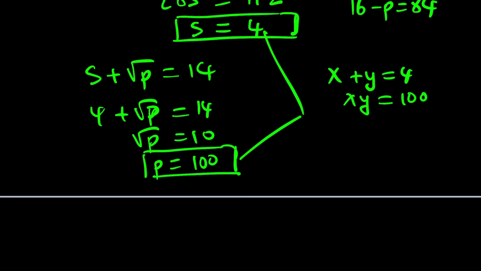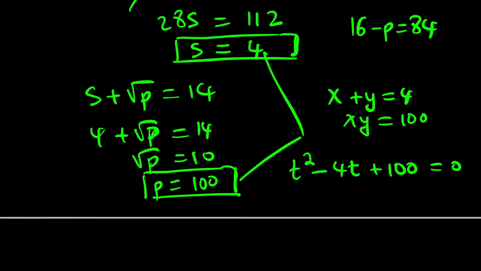So from here, we basically get a quadratic that looks like this. And guess what? This quadratic does not have real roots, but I know my system has real roots. How do I know that? I'll show you. So we probably made a mistake somewhere here.